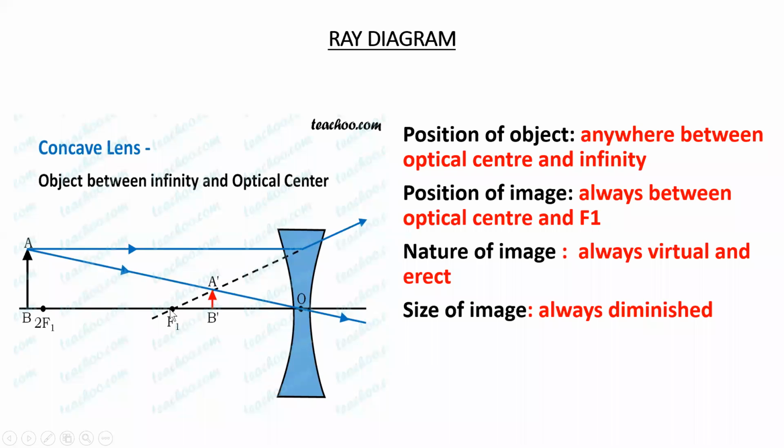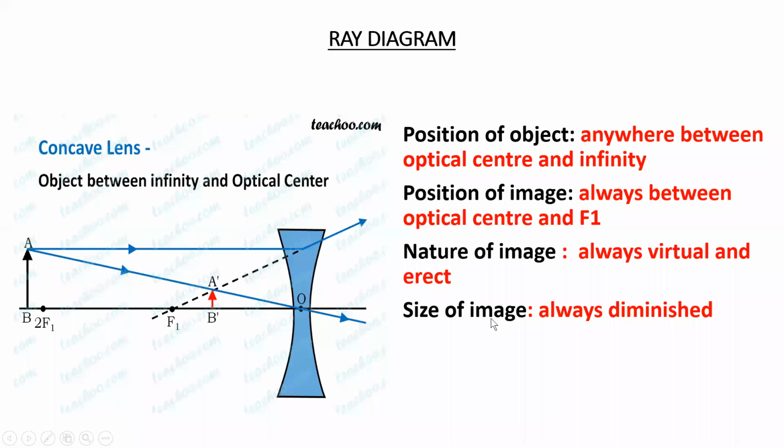और बाकी केस में क्या ले लिए हैं? Anywhere between optical center and infinity. तो कहीं भी रखेंगे, the image will be always found between optical center and secondary focus. This concave lens will never form real image, ये कभी नहीं बनाएगा real image concave lens, it will always form virtual and erect image. और तीसरा है, concave lens will never produce magnified image or equal to the size of the object, kabhi nahi.